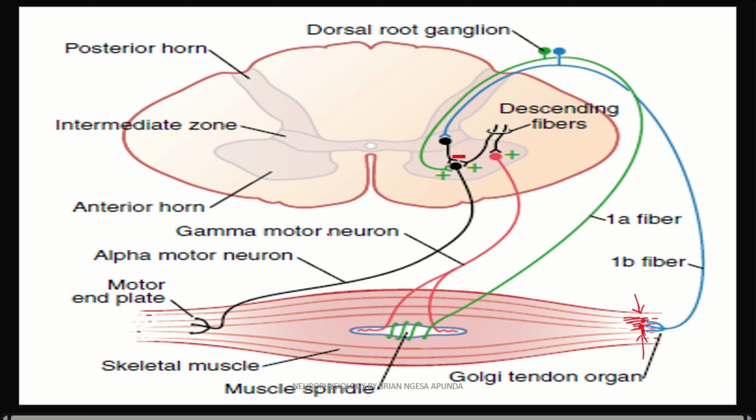If they synapse with the interneuron, what do they give us? They give us some form of inhibition. So why do we require an inhibition? The inhibition will be able to prevent this muscle from further contracting.